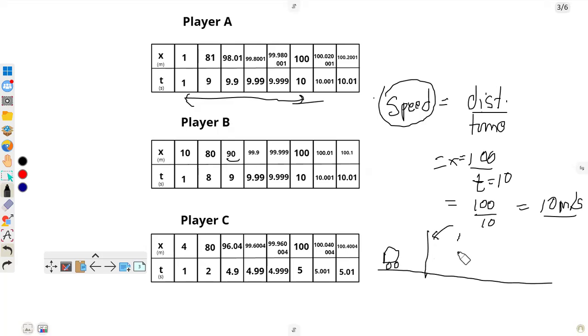This is the finish line. And player A यहाँ पे let's say t is equal to 9.999 और इसका distance है origin से 99.980001.